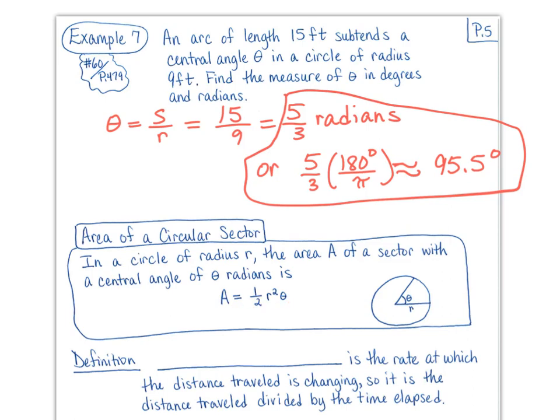So what's happening here is you have this sector, and the area of that is just this shaded part. Whenever you go through homework problems where you have to find the area of a circular sector, you use this formula. Okay?